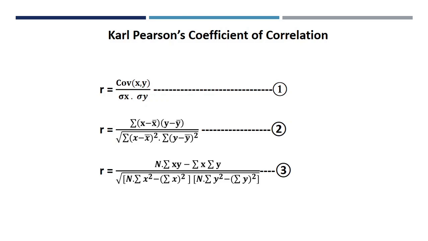Now another formula is r is equal to n into sigma xy minus sigma x sigma y divided by square root of [n into sigma x square minus (sigma x) the whole square] into [n into sigma y square minus (sigma y) the whole square]. So based on the given values, we can use any of these three formulas for calculating the correlation coefficient.